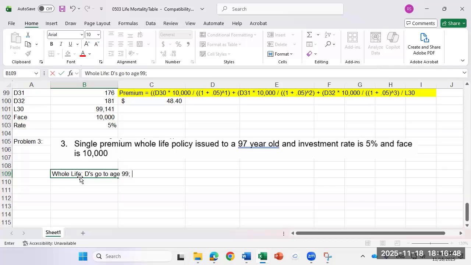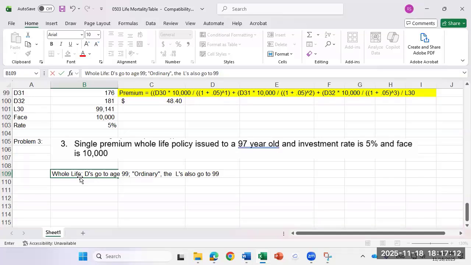The other thing is, if it says ordinary, the L's also go to 99. What ordinary whole life means is you pay premiums until the very end, all the way up to age 99. So ordinary whole life, you'll have every D there is, and you'll have every L that there is.